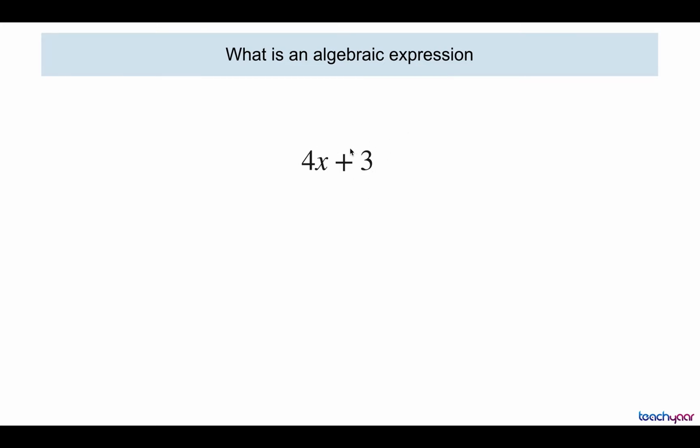And then you see a mathematical expression plus an operation, right? So that's an operation. So that means an algebraic expression can have constants, variables, and mathematical operations. So the variable is x, the constants are 4 and 3, and the mathematical operations are plus and into.